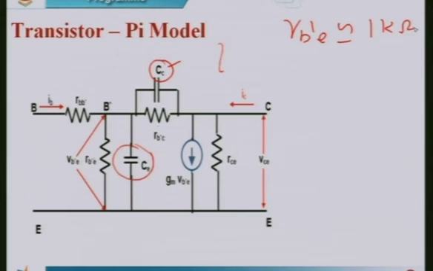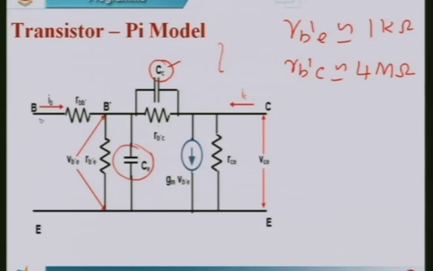R B dash C is the resistance between the base and the collector. It is reverse biased, therefore R B dash C is approximately equal to 4 mega ohm, where R B B dash is the base spreading resistance.